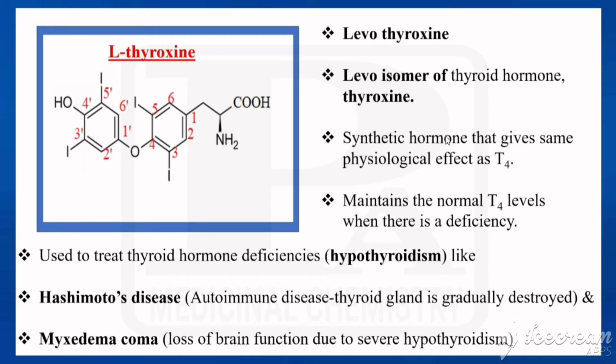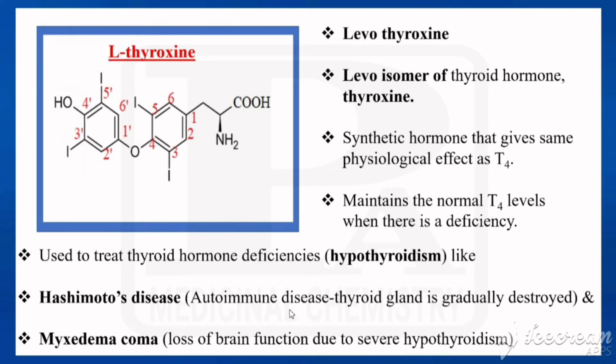It is a synthetic hormone that has the same physiological effects as T4, having similar structure and similar physiological actions. It maintains the normal T4 levels when there is a deficiency. So it is used to treat thyroid hormone deficiencies like hypothyroidism, for example, Hashimoto's disease and myxedema coma. What is Hashimoto disease?